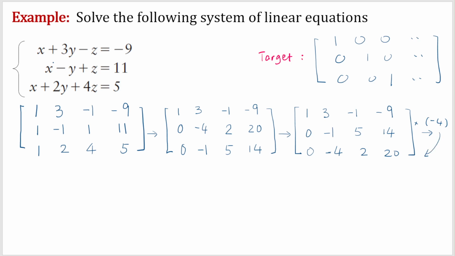And this will give us, okay, I need to save some space. The first row does not change, still 1, 3, -1, -9. The second row does not change, which is still 0, -1, 5, 14. And then the third row becomes 0, 0, then 5 times -4 is -20, added to the third row gives us -18, right?